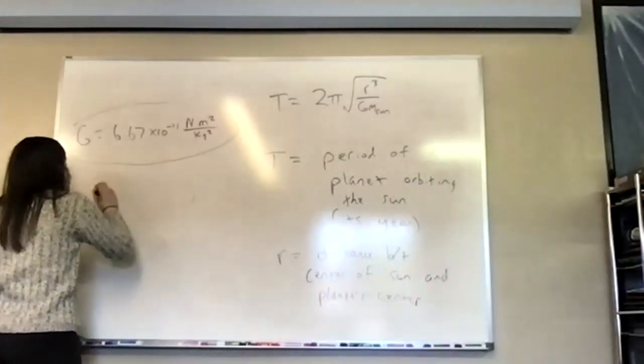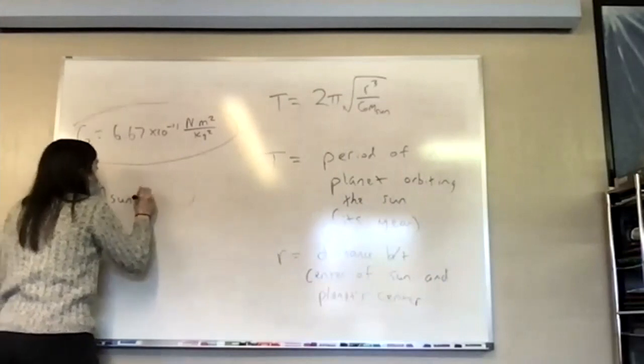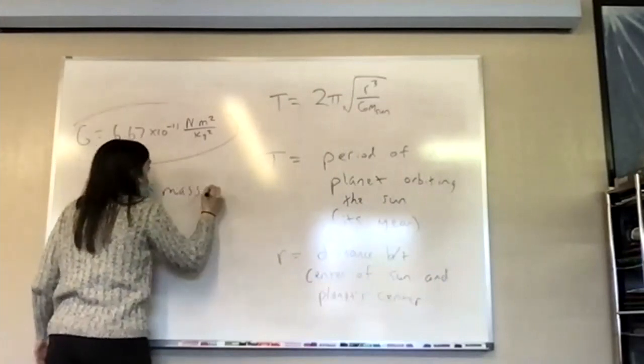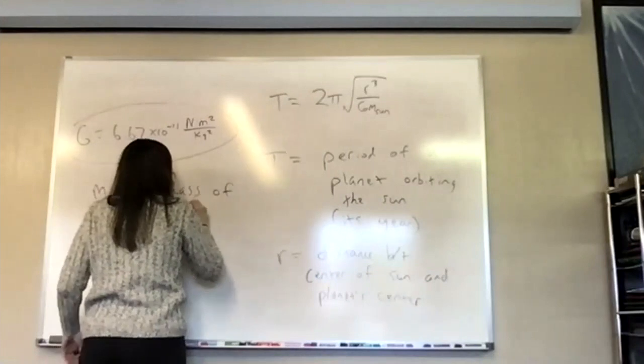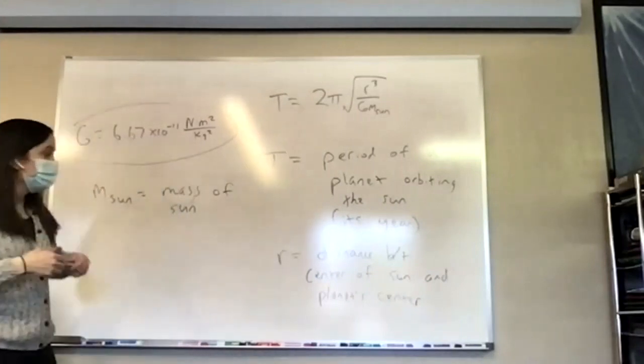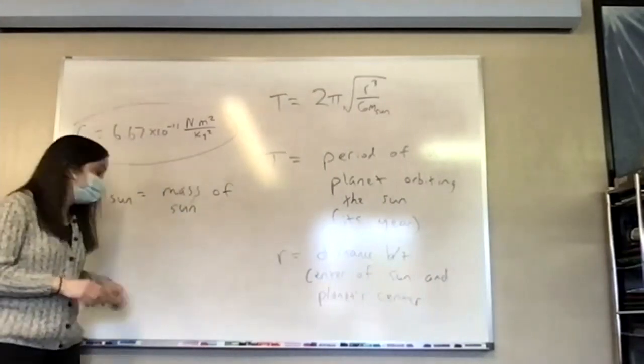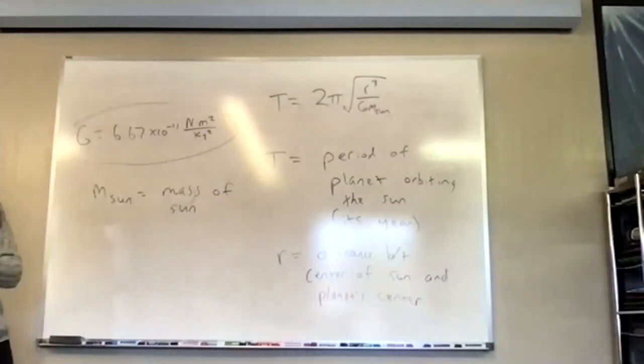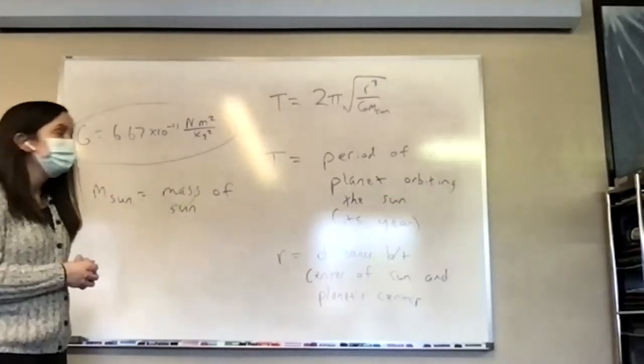And then M of the sun, mass of sun. Exactly, yes, that's G times M. This is essentially Kepler's third law, just reapplied.